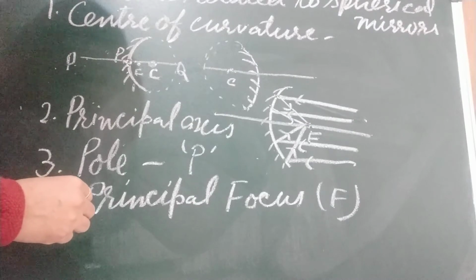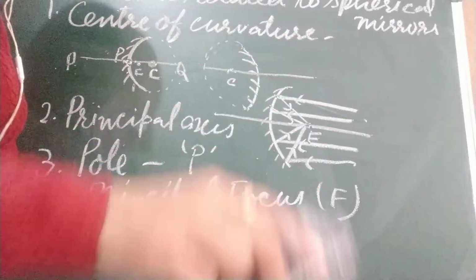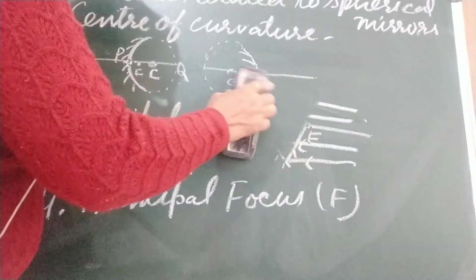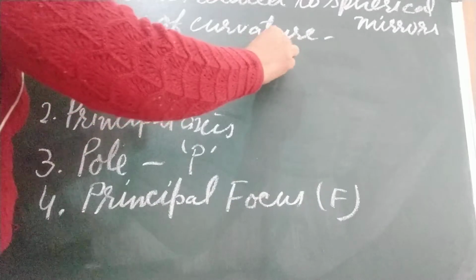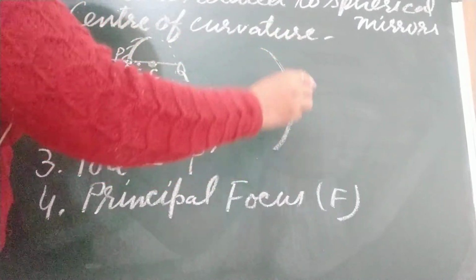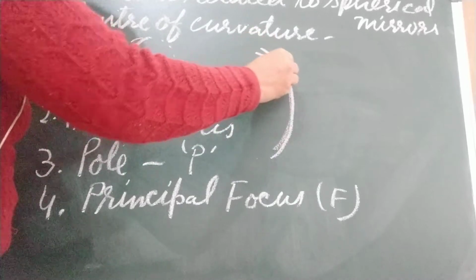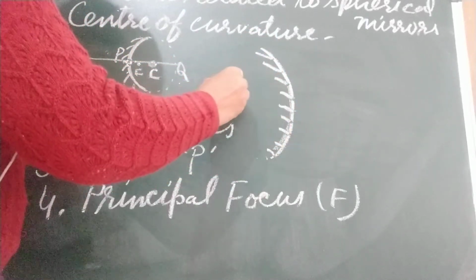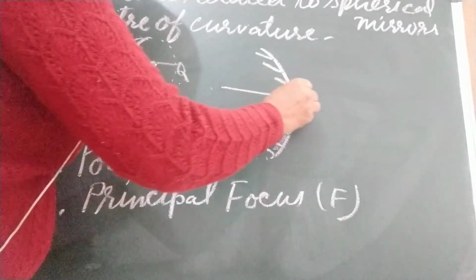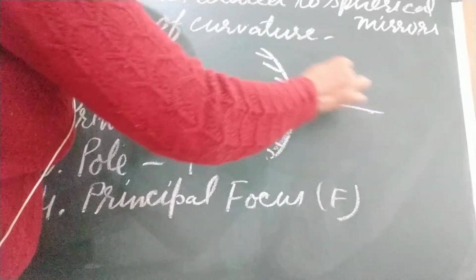This is the concave mirror, and now focus in a convex mirror, how does it take place? Like the rays are coming, I am erasing it. This is convex. This is the principal axis, pole, center of curvature.